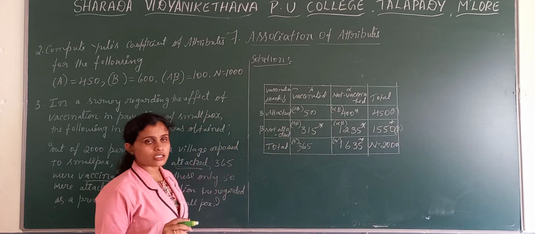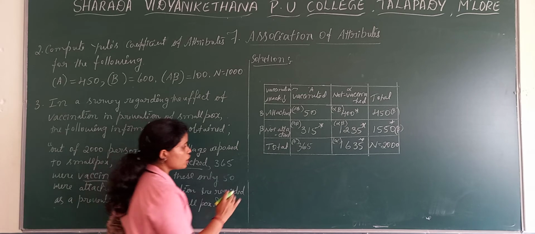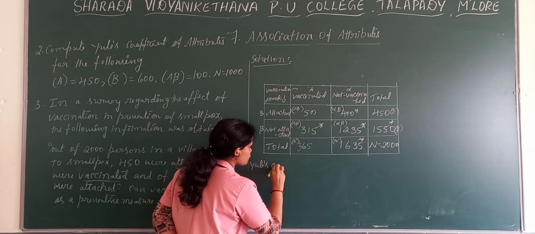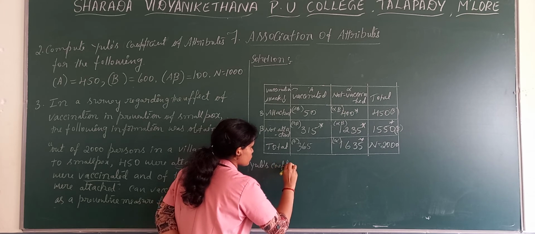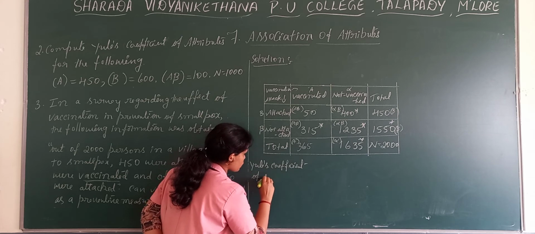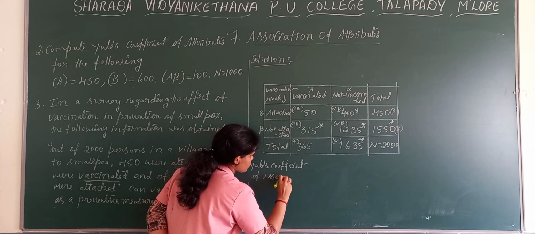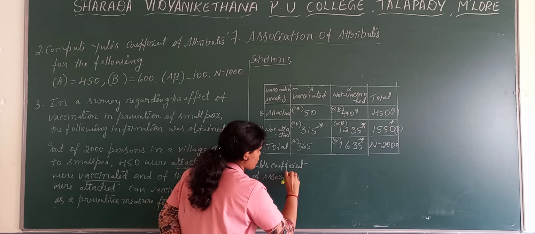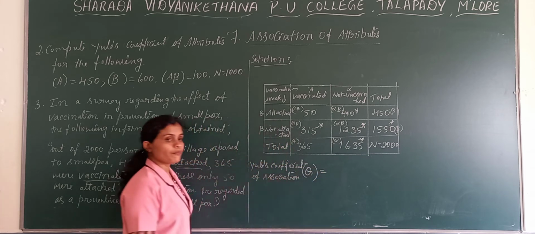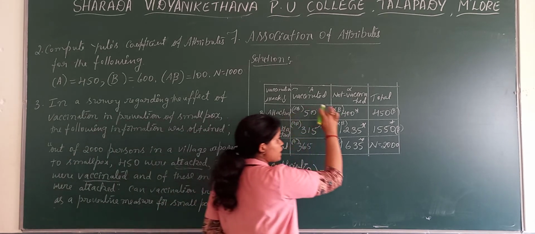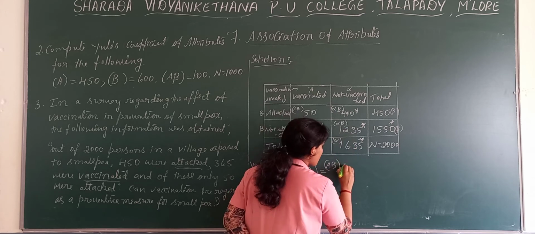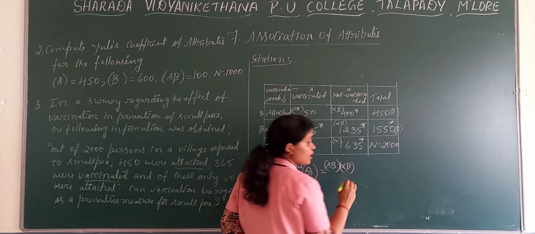Now write Yule's coefficient of association, denoted by Q, is equal to, write the formula: AB into alpha beta, that's what I have told.